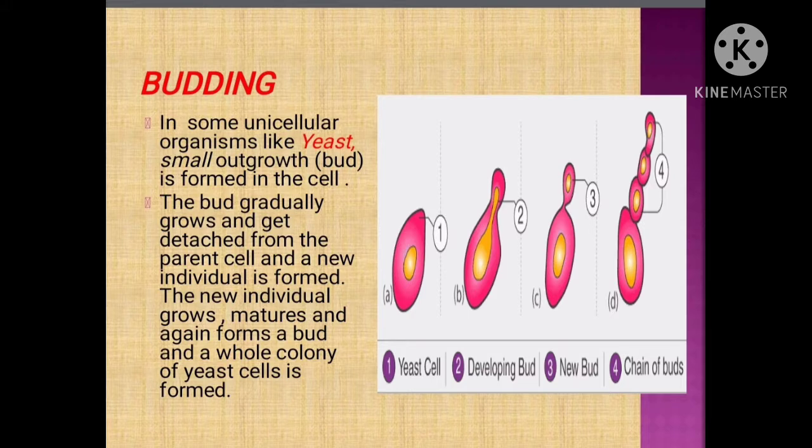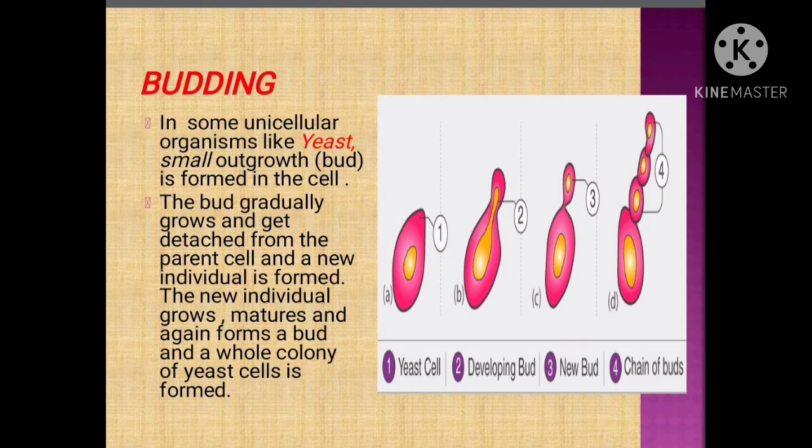In budding, a bulb-like projection called a bud appears on the body of the parent organism. This bud grows into an offspring and may eventually break away from the parent. Yeast reproduces by budding. In yeast, a little cytoplasm accumulates at one end of the cell and a bud is formed. The nucleus divides into two.